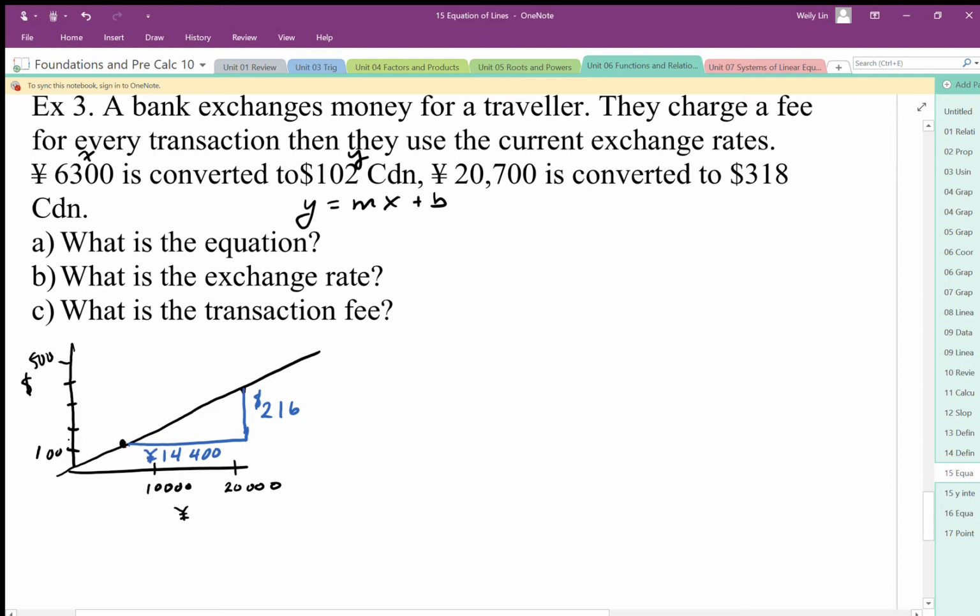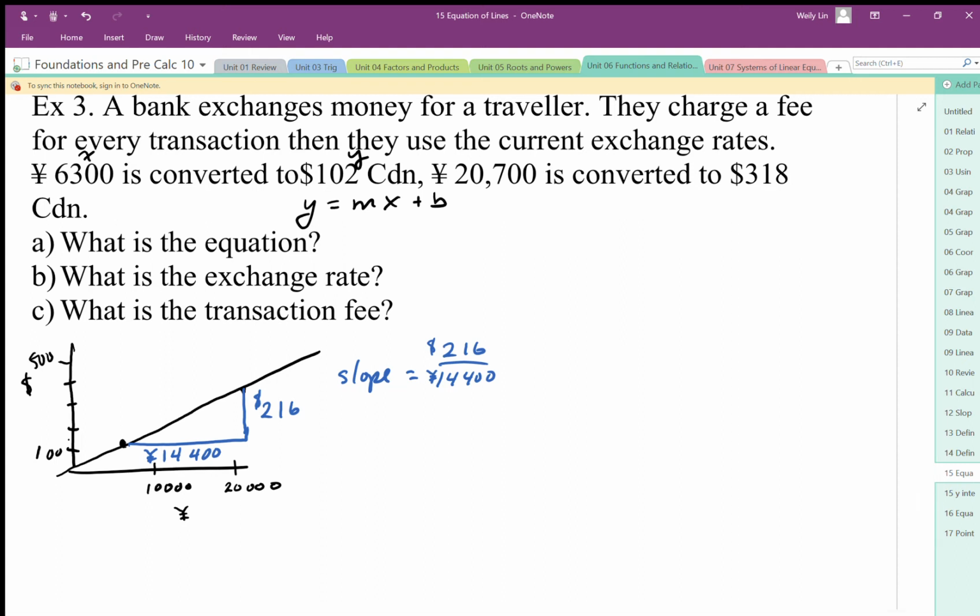Okay, so then my slope is going to be $216 per 14,400 yen. Okay, so let's get a calculator out here and calculate this.